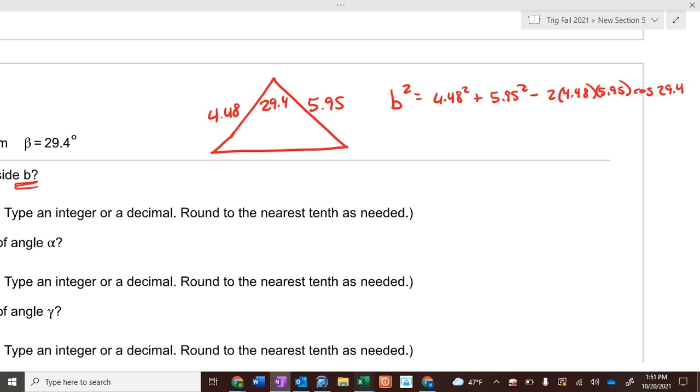So did we get, take square, no, that one, that is not it. 4.48 squared plus 5.95 squared minus 2 times 4.48 times 5.95 times the cosine of 29.4. When you get that and then you take the square root, what do you get, Cody Klein? Oh, you mean you didn't do it? No, I did the last one. You were just kind of hanging out, taking up oxygen.